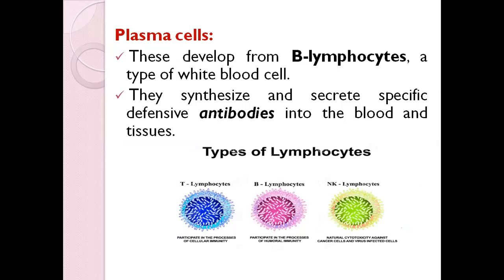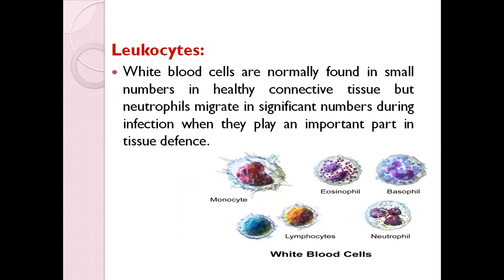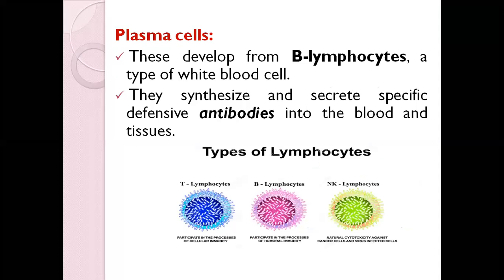So the lymphocytes are divided into T and B lymphocytes. And the plasma cells are developed from the B lymphocytes, and this is also a type of white blood cell.